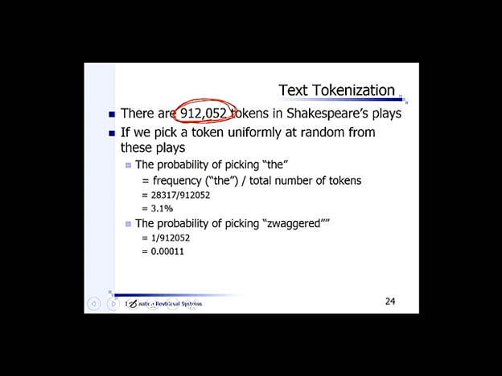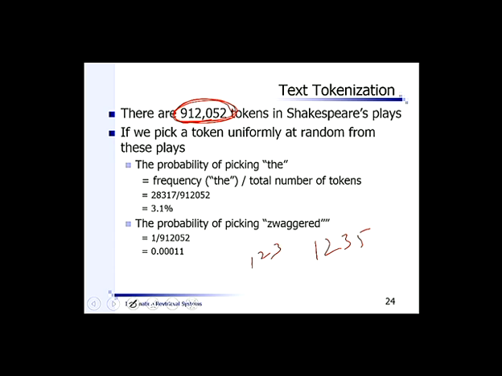Now if we pick a token uniformly at random from these plays, let's say I just pick randomly, I say okay, I will pick a token at position 1235, or I'll pick a token at position 123. If I pick any token at random, then I can calculate the probability of what this symbol might be.